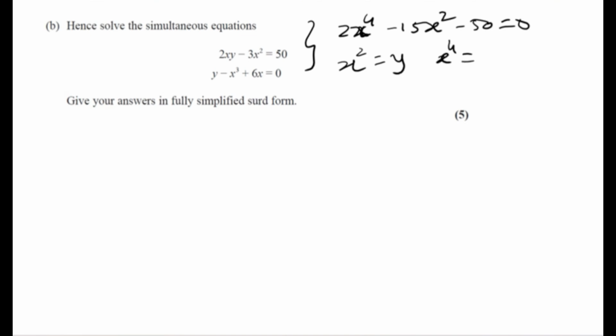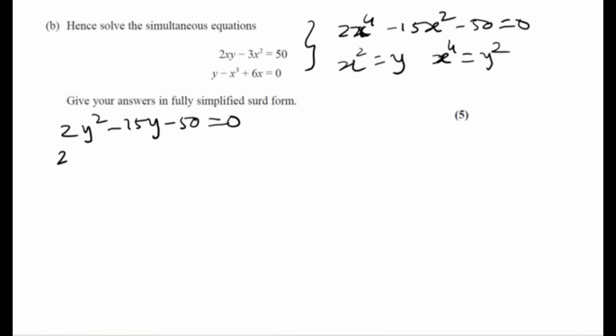So my x to the power 4 is equal to y squared. So I will substitute x to the power 4 as y squared and x squared as y. So that will give me a normal quadratic equation. Okay, so 2y squared minus 15y minus 50 is equal to 0. You know, that makes our factorization easy.